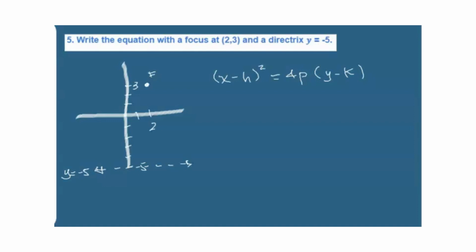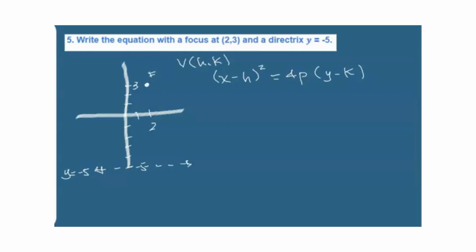We use h and k because we know that the vertex is not at the origin. So the vertex will be at (h, k). We also know that the focus and the directrix have the same distance to the vertex of the parabola, and the vertex is the midpoint between the focus and the directrix.